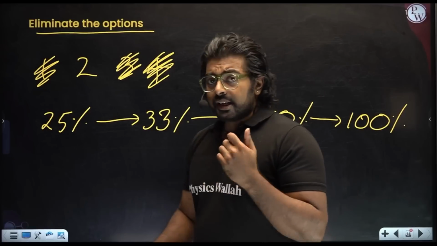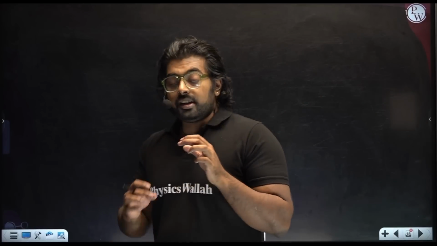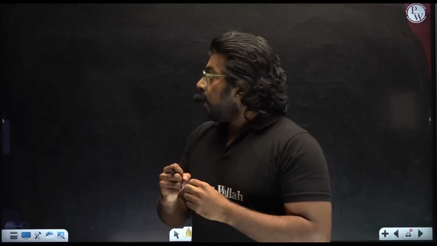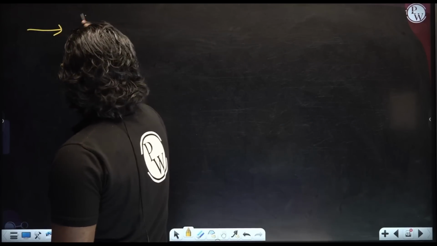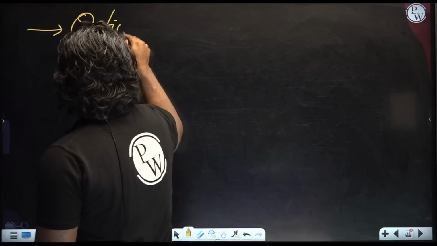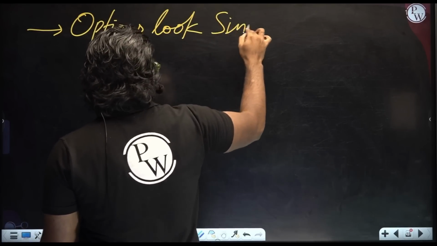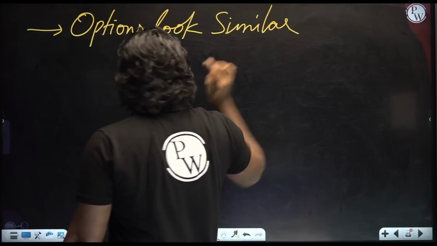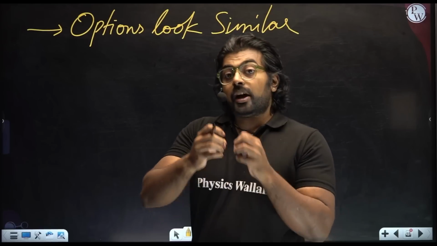And one more thing that you can do is, again, this is something I use when the question looks very difficult, or I just want to eliminate some options. If options look similar, what is the purpose of giving options which are very similar to each other? It is there to confuse you.